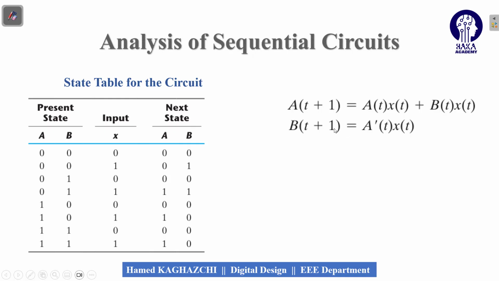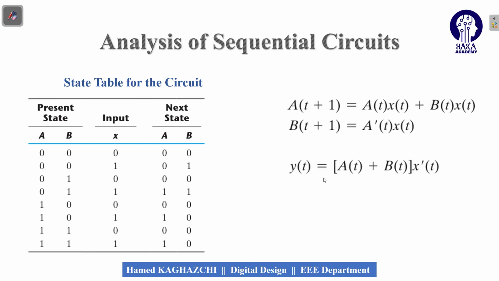So B(t+1) is A prime X. We are talking about this row: A prime is 1, X is 0, 1 and 0 is 0. You can find 0. Similarly, for all of the rows of this table, using these two equations, you can find all of these values. And you are familiar from the truth table how you can find these values.